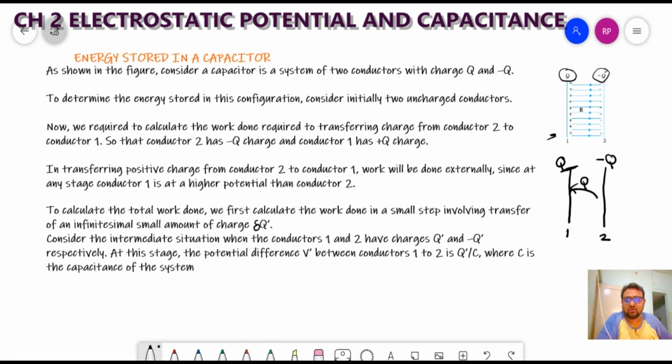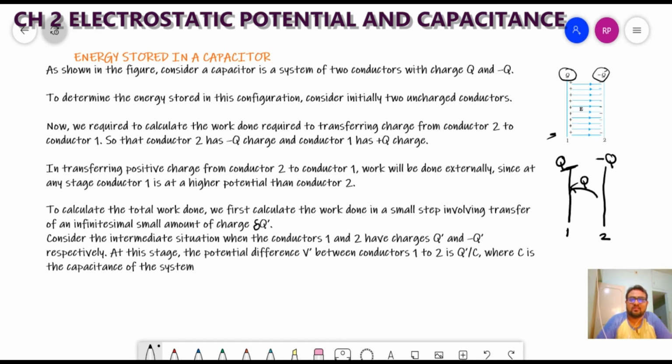Okay, so now to calculate the work done, let's calculate the work in very small steps, involving a very small amount of charge delta Q dash. So what we'll do, we'll take an intermediate step.